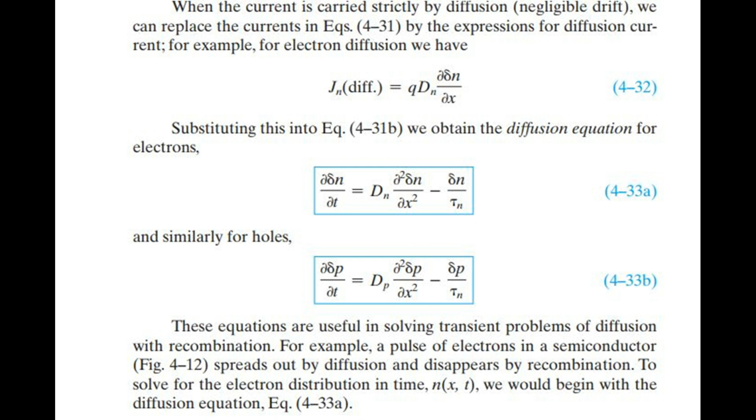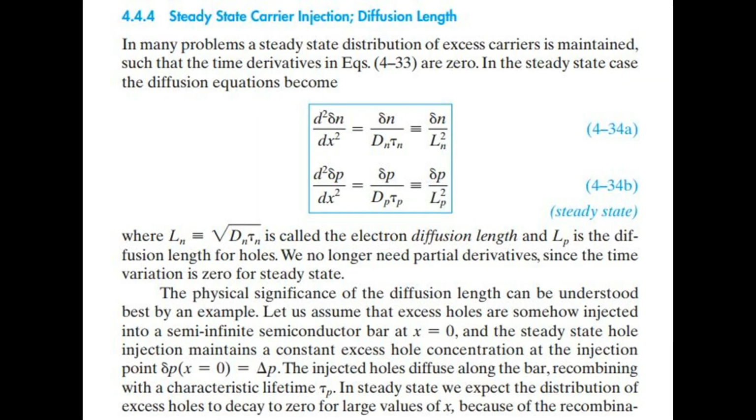Steady-state carrier injection, diffusion length. In many problems a steady-state distribution of excess carriers is maintained, such that the time derivatives in Eqs. 4-33 are 0. In the steady-state case the diffusion equations become the following, where L_n is called the electron diffusion length and L_p is the diffusion length for holes.